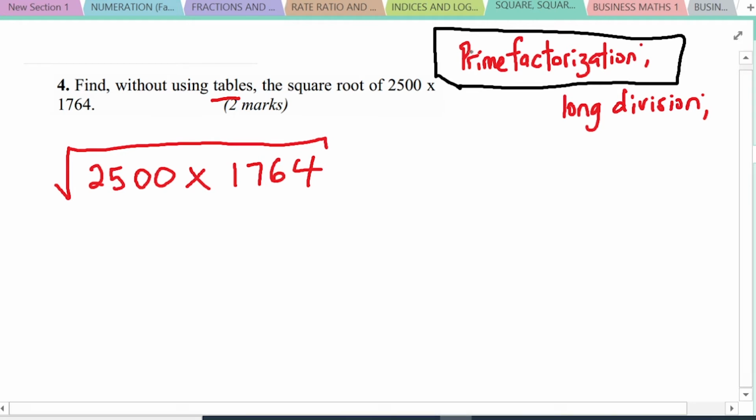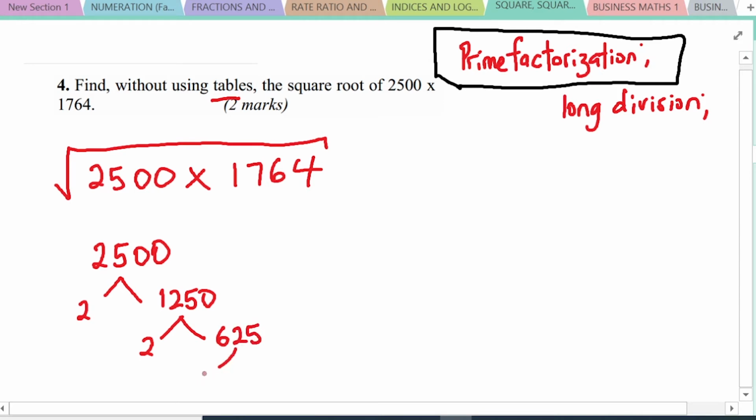So let's start with 2500. We shall begin by dividing 2500 by 2. You will get 1250. Divide by 2 again, and you have 625.